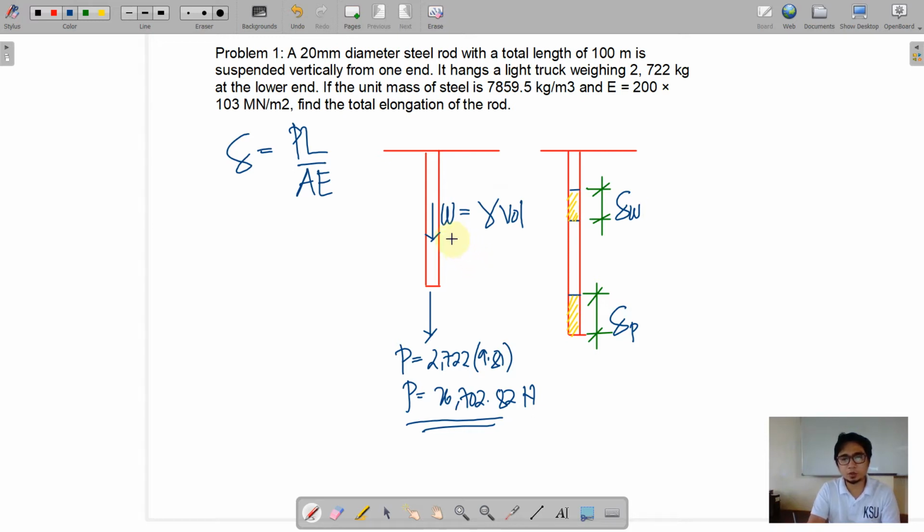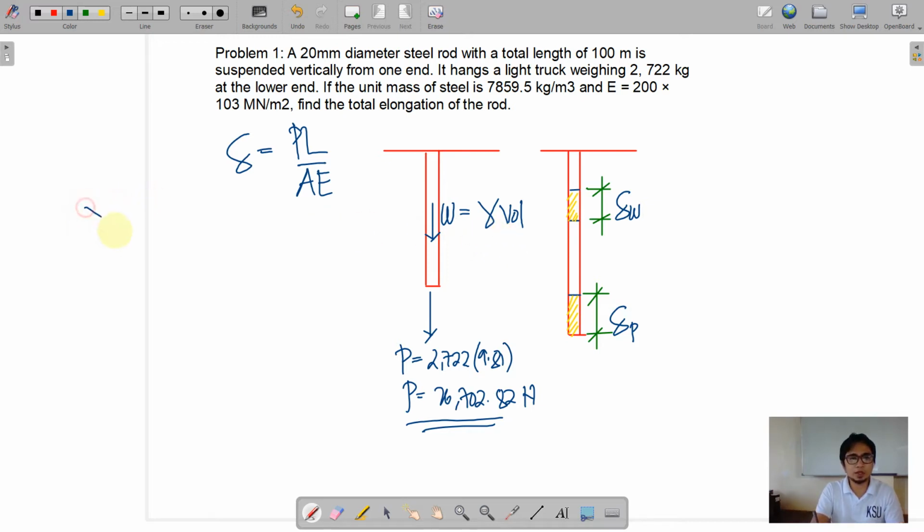Actually, we need to acquire W. And for your information, W is equal to gamma times volume. What is gamma all about? It is all about the value of the unit weight.